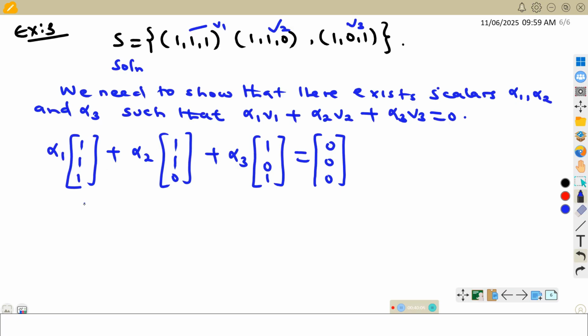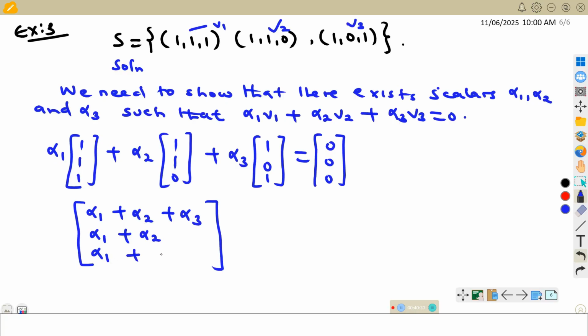So from here, I will do this at once. This is alpha 1. I will be adding there alpha 2. I will be adding there alpha 3. This will be alpha 1. This will be alpha 2. And this is 0. So we shall have that. Next, we shall have alpha 1. This is 0. And this will be alpha 3.